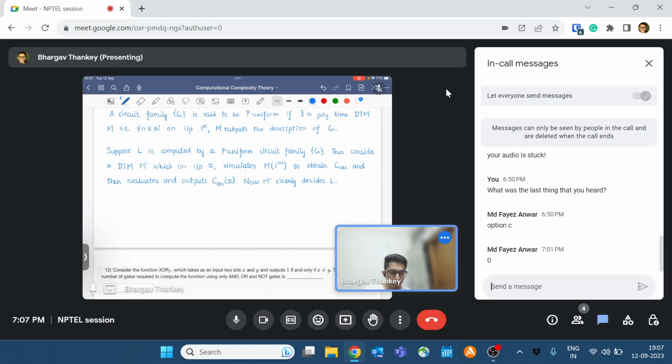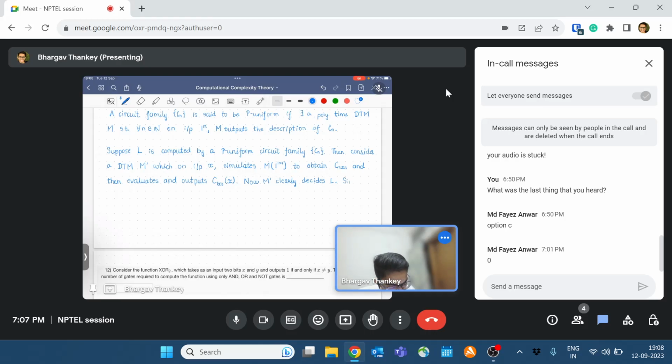Because suppose X were in the language, then C size of X would be 1 and M prime would output that. If X were not in the language, then C size of X would be 0 and M prime would output that. So the output of M prime is 1 if and only if X is in the language. So M prime clearly decides L. To show that L is in P, all we need to do now is to show that M prime runs in polynomial time, right?